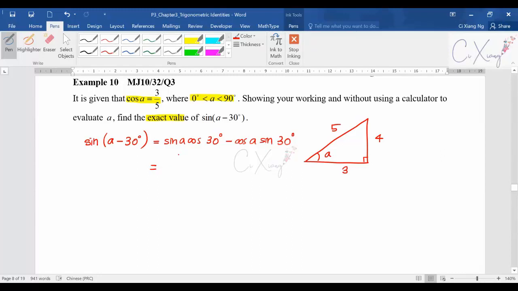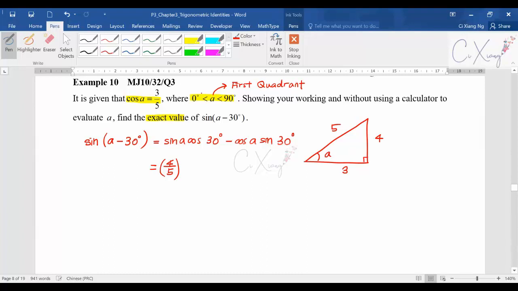What's the value for sin A? Sin A is 4 over 5, and it is positive. How do I know that it is positive? Because A is in the first quadrant, and therefore sine, cos and tangent are all positive.